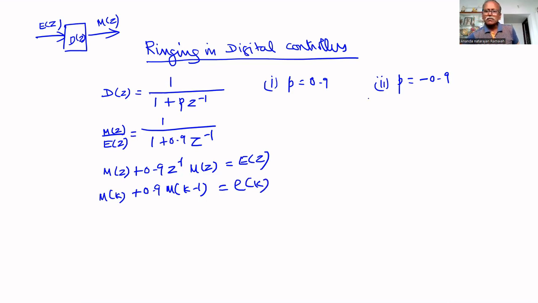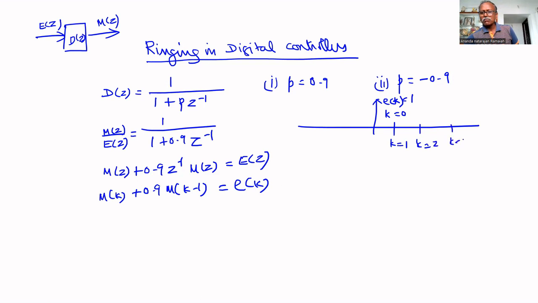Let us assume that this error signal is E of K equal to 1 when K equals 0. When K equals 1, 2, 3, etc., its value is 0. It exists at only one instant, that is when K equals 0 only. For that, what is the controller output? Let us check.